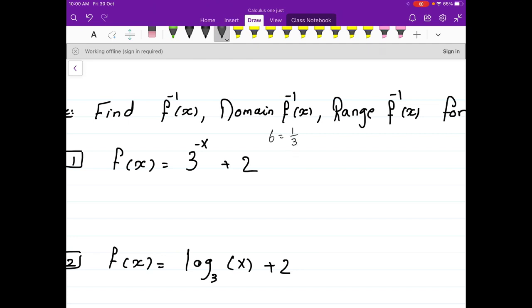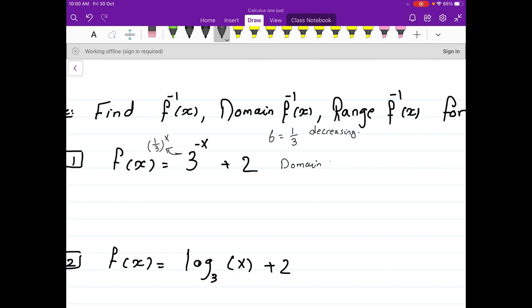Why? 3 to the power minus x is 1 over 3 to the power x. So this function is decreasing.